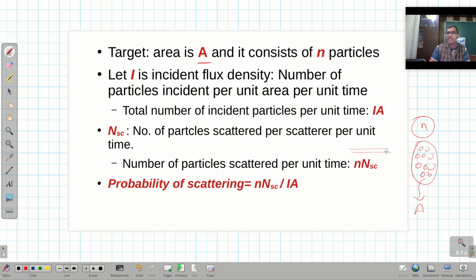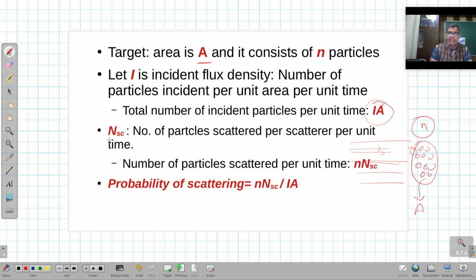Incident flux density means the particles incident per unit area per unit time. See how many particles are made to be incident over this area per unit time. Then the total number of incident particles per unit time is represented by intensity into A, I into A, because a large number of particles are coming. So I into A gives us the total number of incident particles, a flux of particles which is coming and made to be incident over the target.